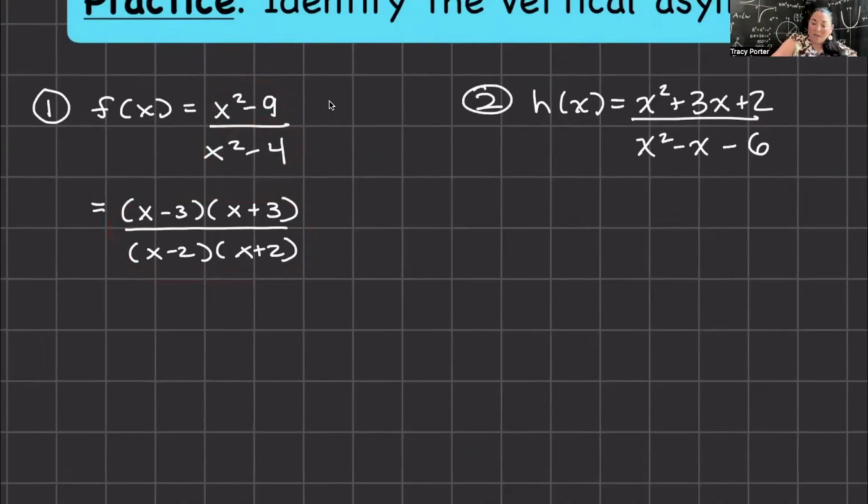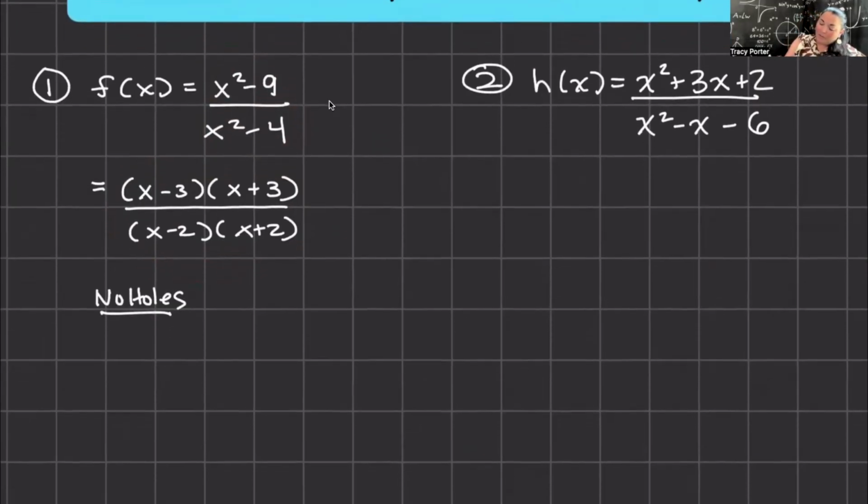So what that means is there are no holes. Okay, so this graph is not going to have any holes. However, we can now look at where the denominator is 0. So x minus 2 equals 0 and x plus 2 equals 0. That gives us 2 and negative 2.